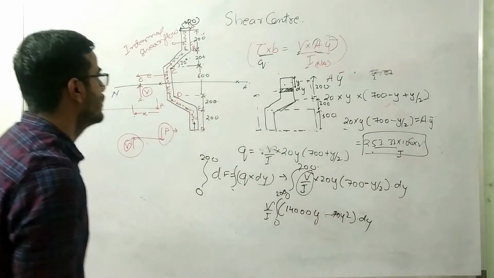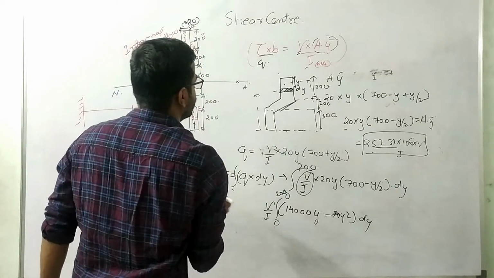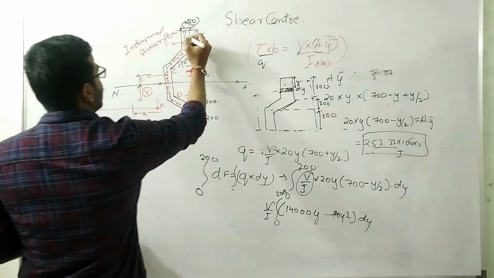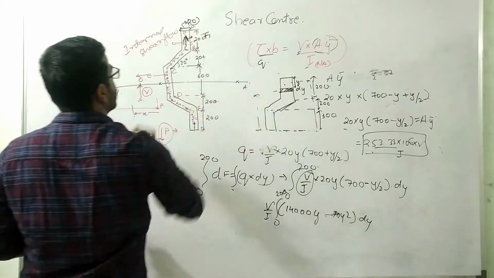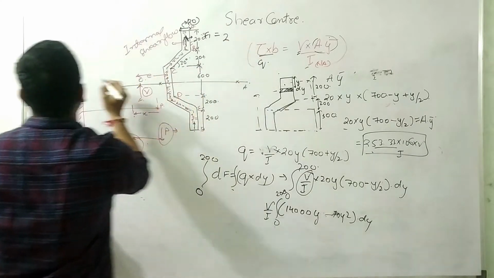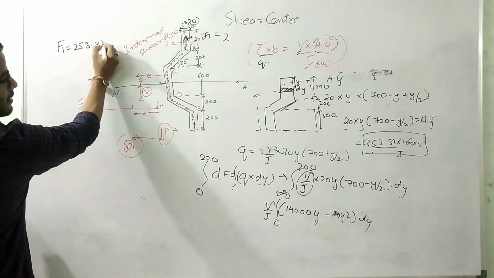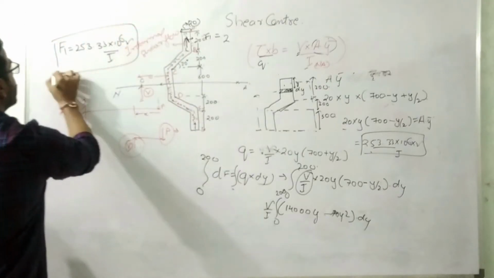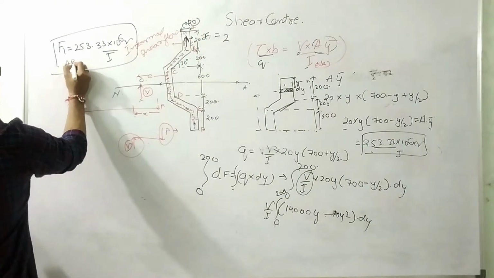That is the effective, let's say net force, which is acting on this segment. Let us denote this force by F1. It will be acting along this direction. So F1 will be 253.33 into 10 to the power 6 V over I. That is the resultant force acting for this segment, the AB segment.